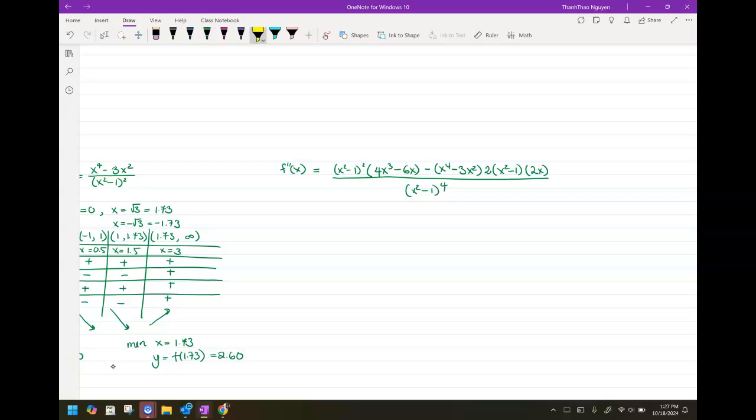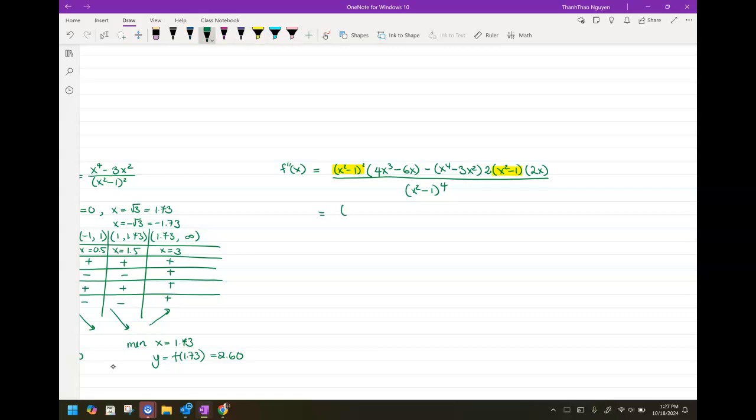Note that there's an x squared minus 1 squared in the first term in the numerator and an x squared minus 1 in the second term of the numerator. I'll go ahead and factor out x squared minus 1 in the numerator. Then simplify that with the denominator.